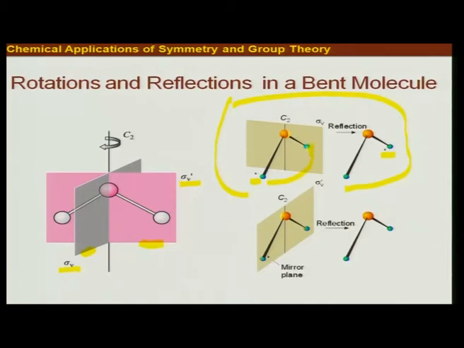Now if you have a sigma v acting there, which will cut this HOH angle into halves, then this star will now be reflected here. Here for some reason the star is not being shown, so the star will be somewhere here. So now you can see that this sigma v and C2 produce the same result.